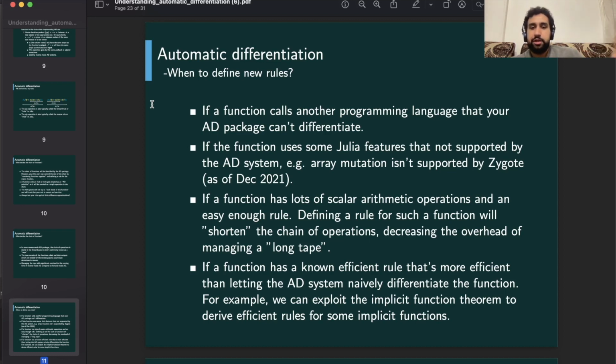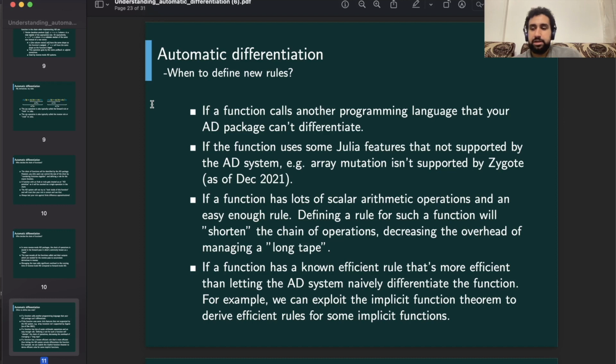And then you can try to differentiate this, differentiate the loops and all the iterations in the loop. That's one way to do it. The other way is to try and look at the whole matrix multiplied by a whole matrix and define a rule for matrix multiplication, like a differentiation rule. And so the second one will be way faster most of the time, or almost all the time.